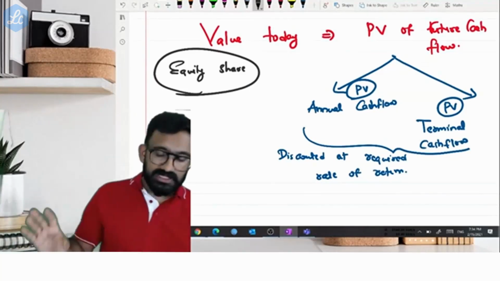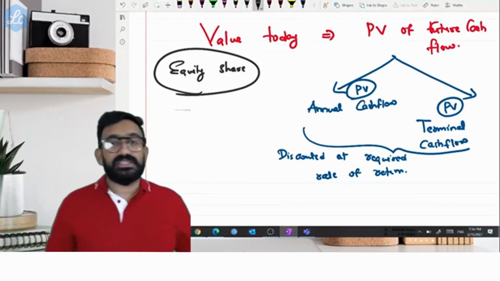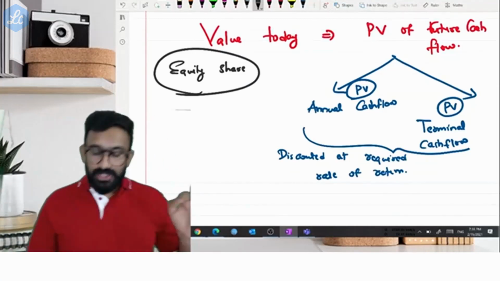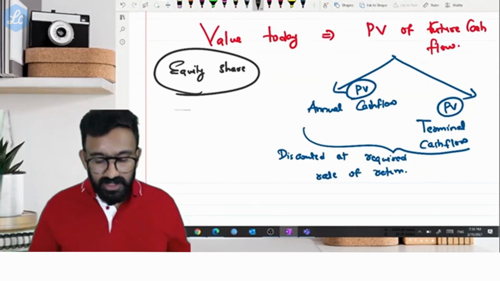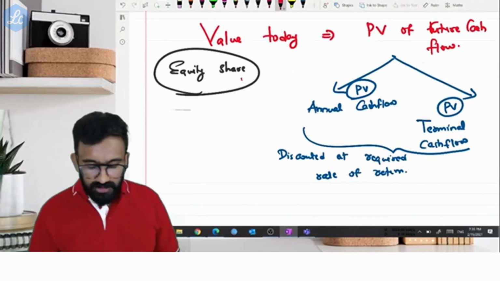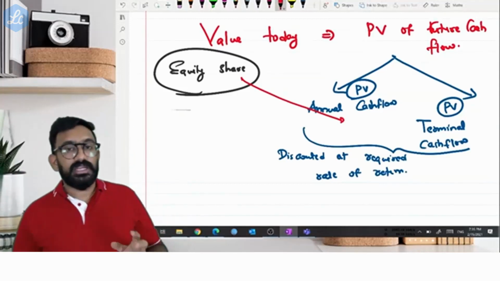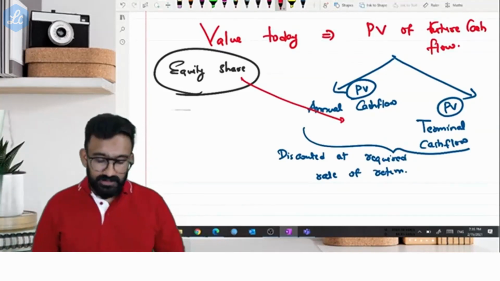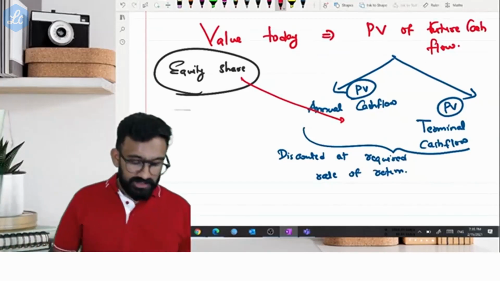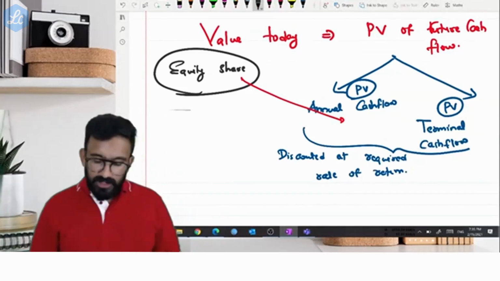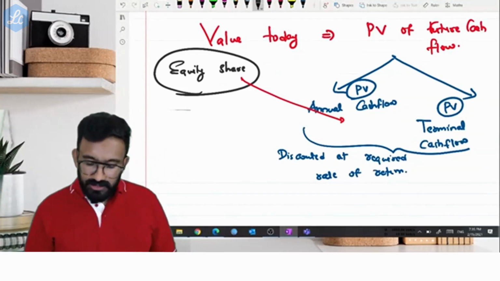The concept remains the same across any financial assets or any assets that you take. Value of an equity share today is nothing but present value of future cash flows. Now what will be the annual cash flow that we are talking about? When it is an equity share, what is the cash flow that an investor gets, whatever may be the cash flow till you sell it off? What is it that you will get when you're investing in a share? If it's an equity share, generally it is going to be dividend.